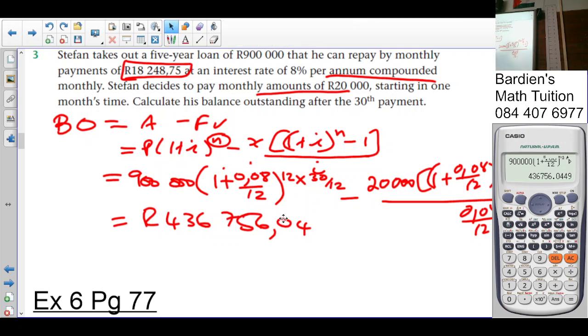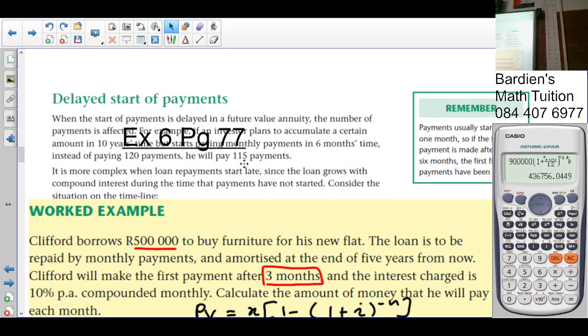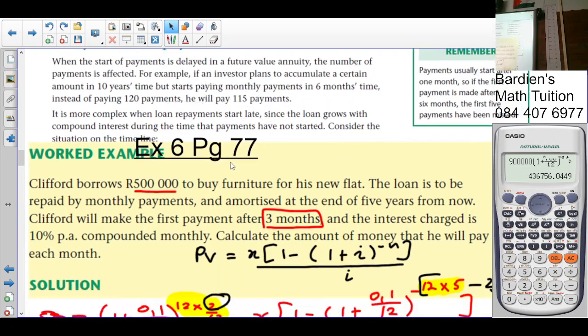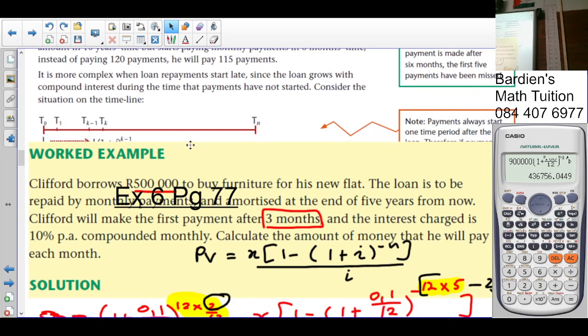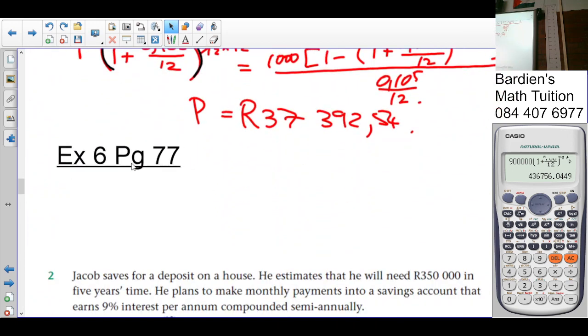Later on, there will probably be a calculation where we can see how much money you're saving once you start to pay more on your outstanding balance of the loan. Okay? Then I gave you the delayed start of payment as well. Not so? Okay? I gave you exercise 7 to do. We did 7, number 1. Not so?